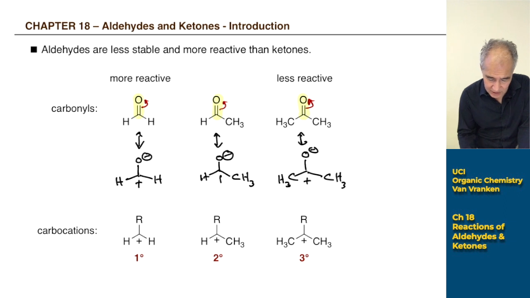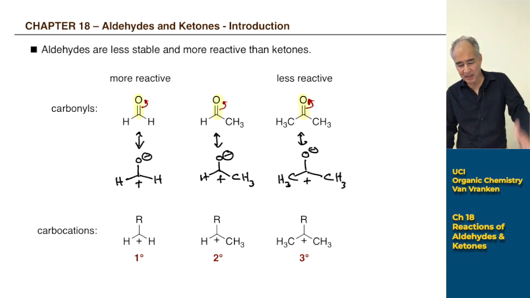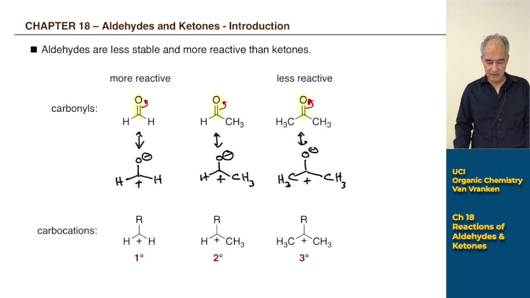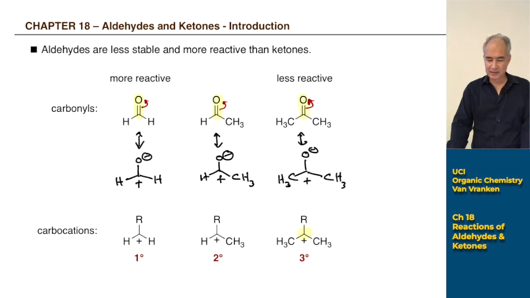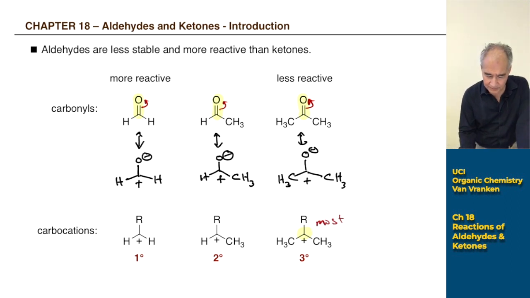And you already know something about the relative stability of carbocations, right? You should already know that carbocations with 3 substituents, tertiary carbocations, are more stable than secondary carbocations. I'm going to write most stable if you compare these.